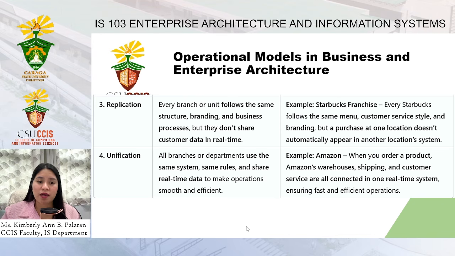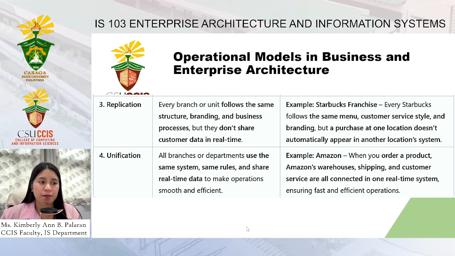So kung naay duha ka branch, for example, diri sa Butuan, Starbucks Ampayon o Starbucks sa SM, unsay imong i-order diri sa Ampayon, dili na siya mo-appear real time didto sa Starbucks sa SM. Mao na siya ang pasabot sa replication. Though same sila sa everything, structure, branding, business process, and so on, pero dili nila gina-share ilang customer data real time. Okay?